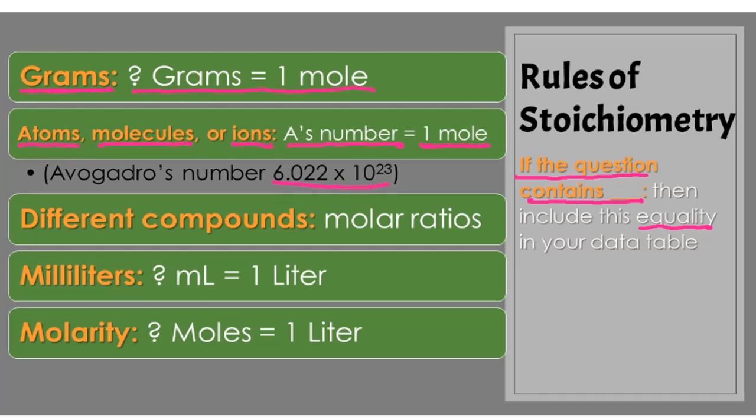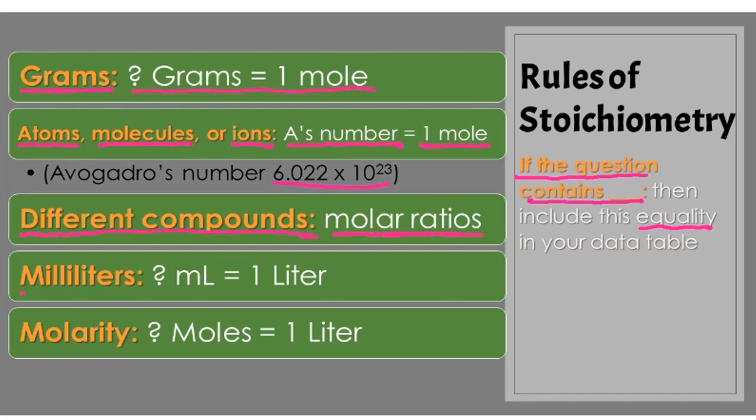Now, if your question statement is going to include different compounds, like water, H2O, on one side of the equal sign and OH on the other side of the equal sign, if they're going to be different compounds set equal to each other, you want to do it by their molar ratios.